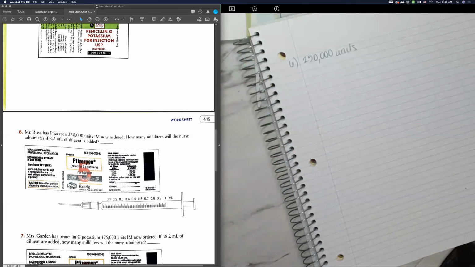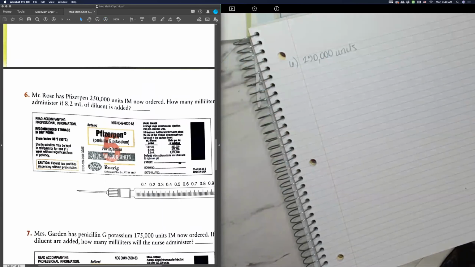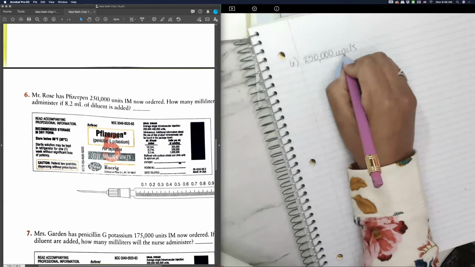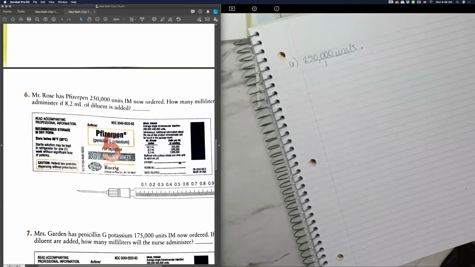So they're already telling us right here, we want to add 8.2 milliliters of our diluent. So we go over here to our table and it outlines it in this chart. When I add 8.2 milliliters of diluent, what is the dosage strength? Anybody?